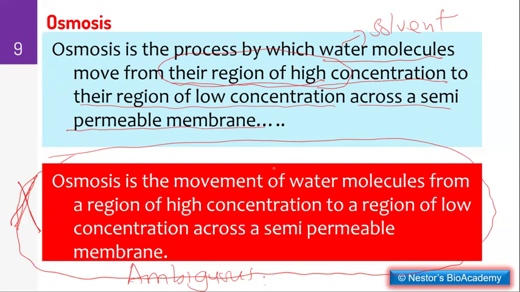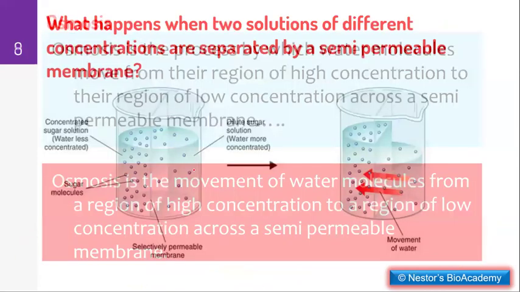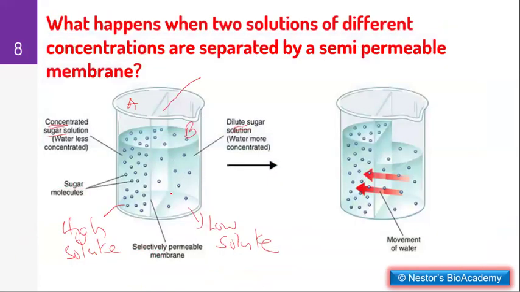And it usually means that when we come to comparing concentrations of solutions, a concentrated solution, while it has a high solute concentration, usually has a low water concentration. While a dilute solution, even though it has a low solute concentration, usually has a high water concentration.